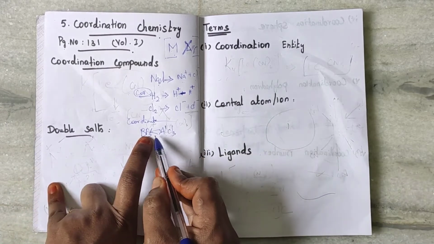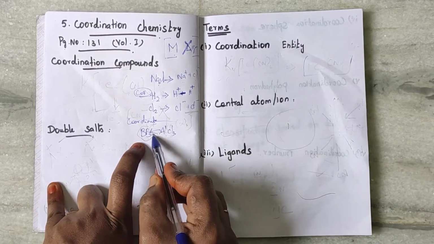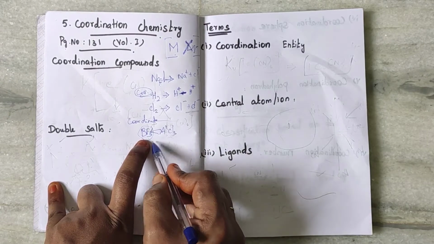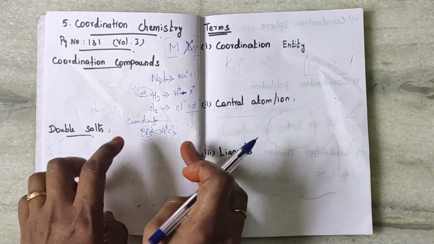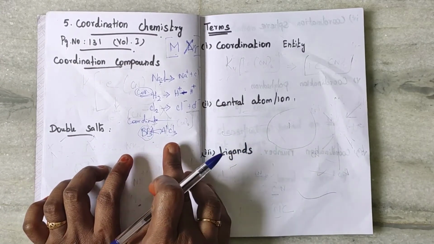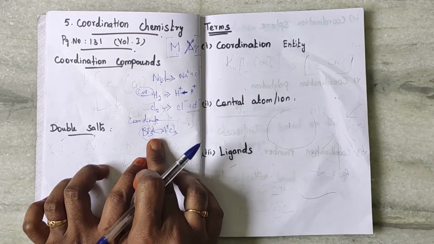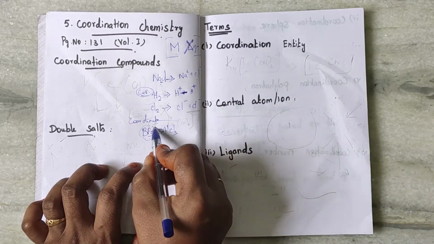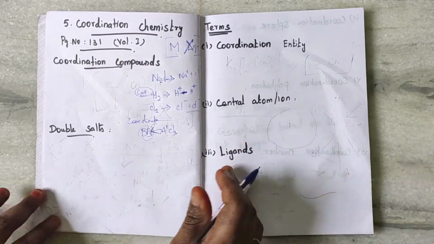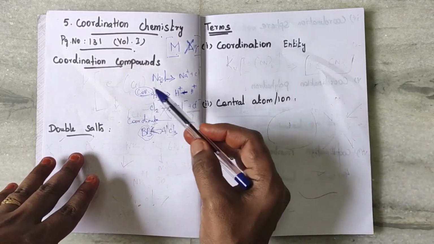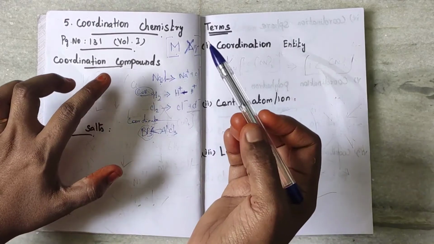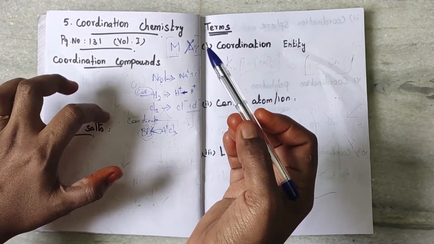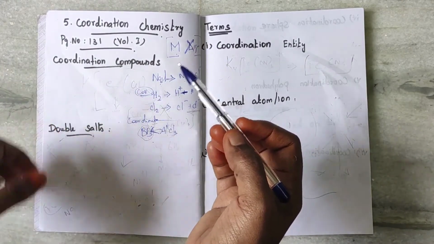So one compound is the donor, one is the acceptor. The bond between the donor and acceptor is called a coordinate covalent bond. We denote it with an arrow mark. So all of you understand the types of ionic bond, covalent bond, and coordinate covalent bond. Just remember.